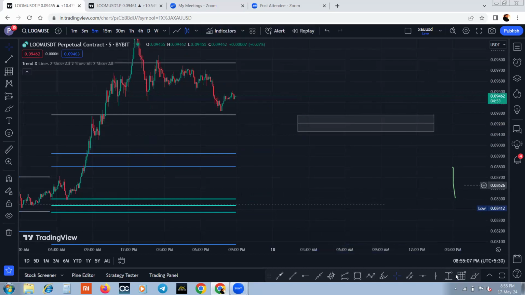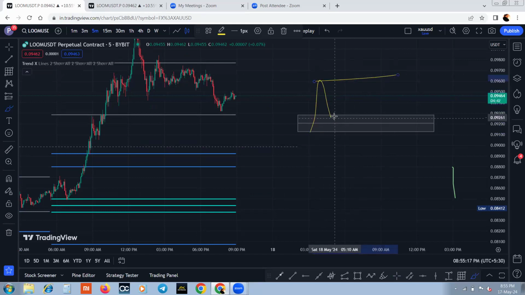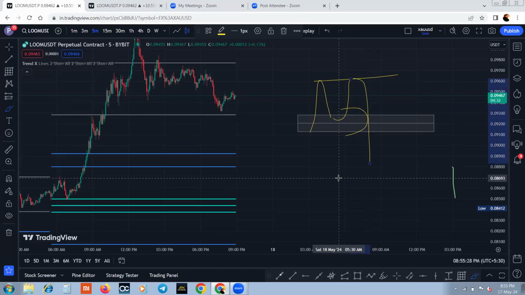So we are in an uptrend. When the market goes from here and comes back, at that time we'll come to know, okay, the market made one high. So whenever you are going to take a trade again, when it reaches here, you have to keep your break even immediately, because the market can return, it can go down.